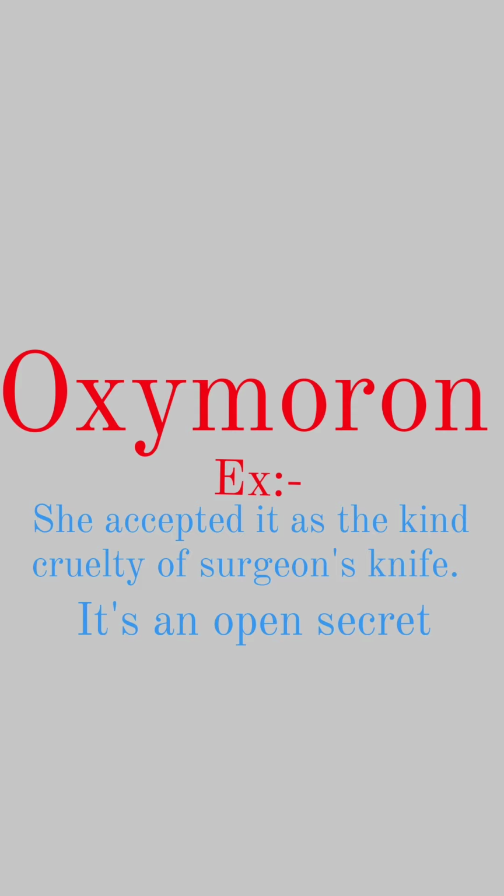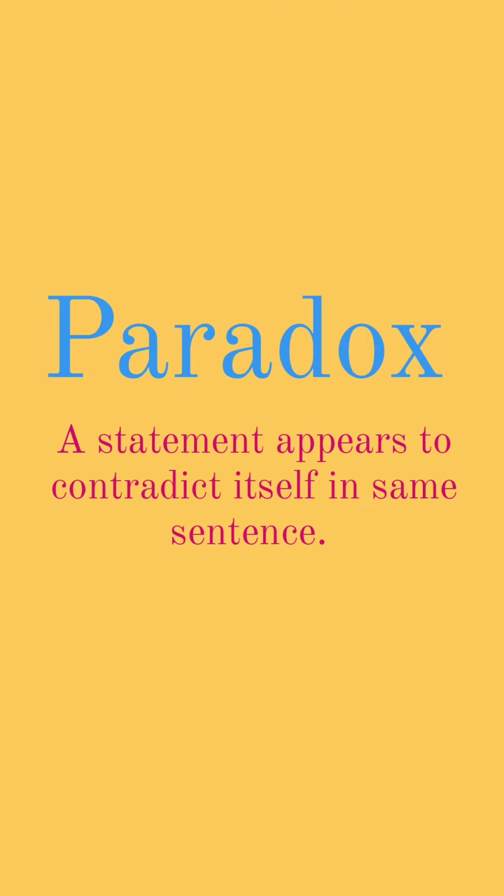Next we have she accepted it as the kind cruelty of a surgeon's knife. Again we have contradictory terms, kind and cruelty. The next poetic device is paradox, which means a statement that appears to contradict itself in the same sentence.